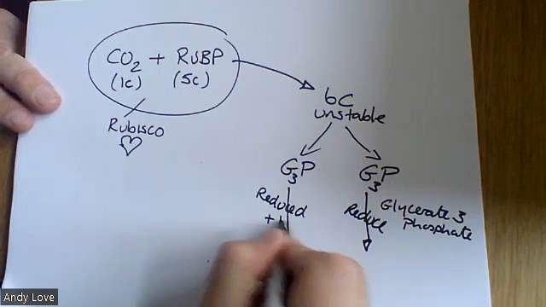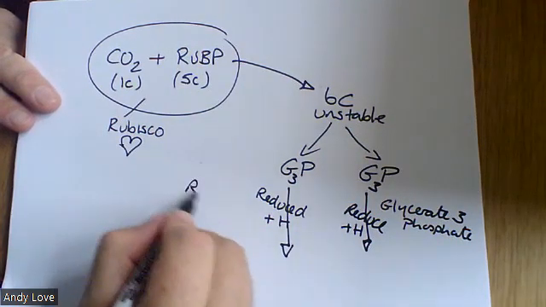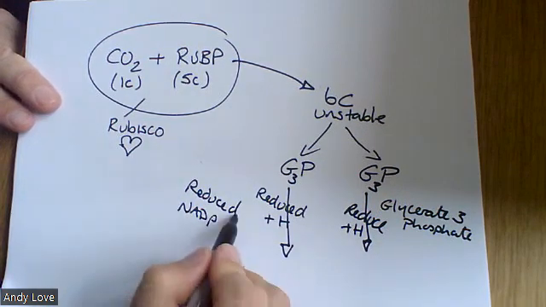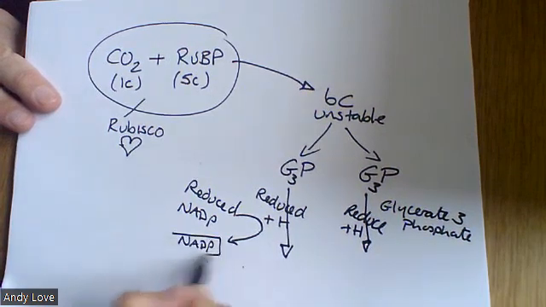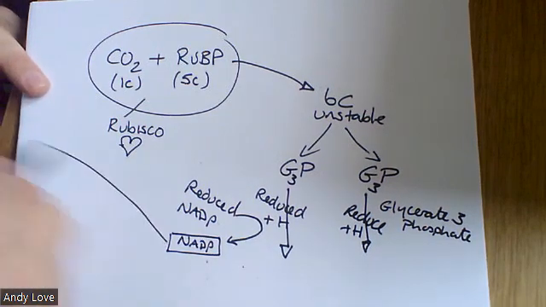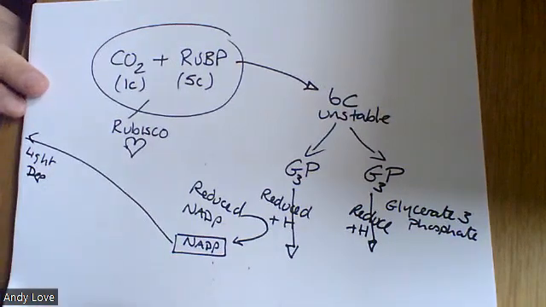By adding hydrogen. Well, where am I going to get hydrogen from? Well, I get it from reduced NADP. So it gives up its hydrogen and goes back to being NADP. So you're regenerating the NADP, which can go back into the light-dependent reaction.